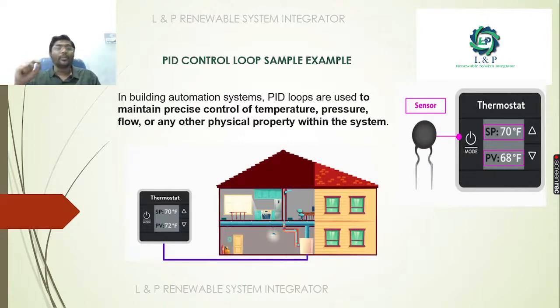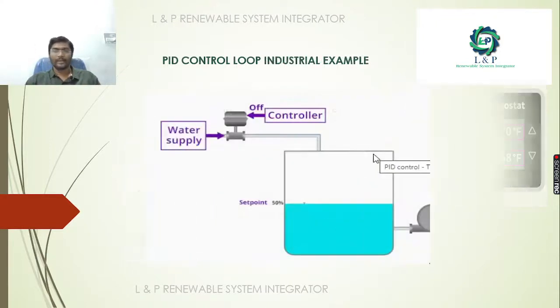This present value input you will get from the sensors. The sensor will produce the electrical output with the help of this transmitter. In the same way, if your set point is 70 degrees and the present value is only 68 degrees, in order to maintain 70 degrees, you need to heat it more. Whatever operation is required, it will do it automatically with the help of this PID control.